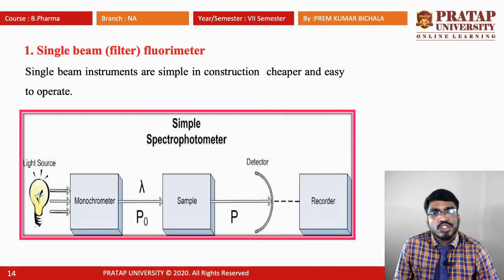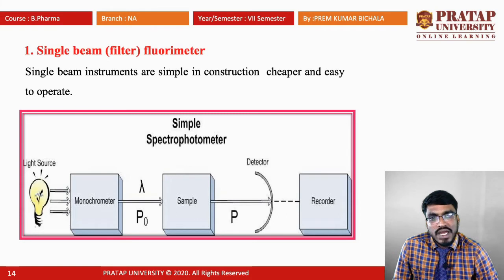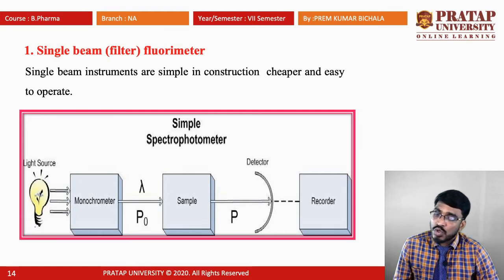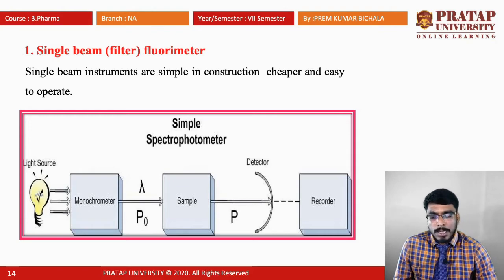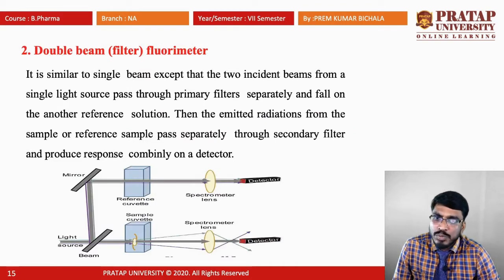So single beam instruments are simple in construction, cheaper and easy to operate. It contains a simple arrangement: a source, a monochromator, then sample cells, and finally a detector. Then the second type, the double beam fluorimeter.